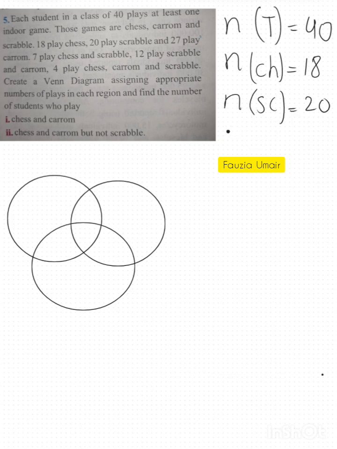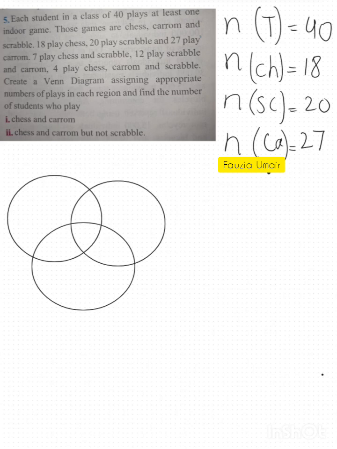And the number of students who play carom, CA, is 12. So they are 27 as you can see. I am skipping the rest of the data first because that is overlapping data.